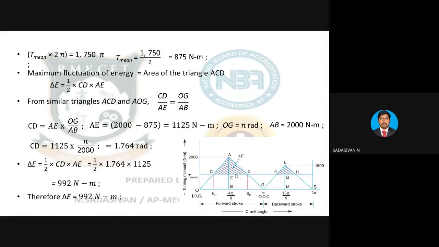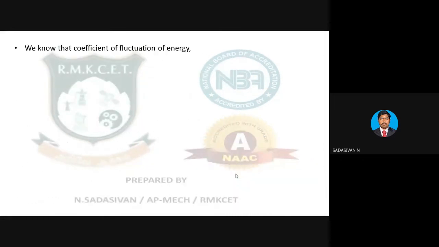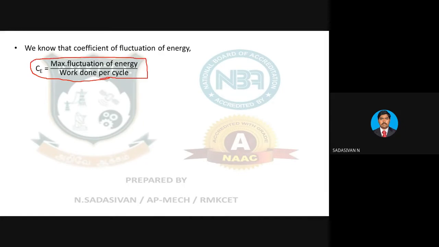But what is the question? Coefficient of fluctuation of energy. Maximum fluctuation of energy is not asked. The coefficient of fluctuation of energy equals delta E divided by work done per cycle. This formula you have to remember. I told you this formula in the evening class, when I was explaining what a turning moment diagram is. No problem if you don't remember, write this down.